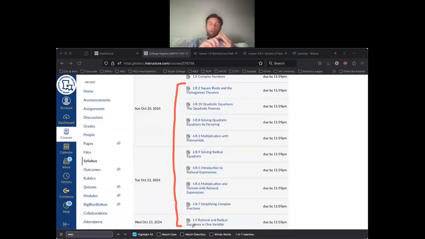Distributive property, combining like terms, order of operations, rules of exponents, that's the quotient rule, the product rule, the negative exponent rule, power rule. Your factoring, complex numbers, quadratic formula, it brings it all together. Rules of fractions, I can see that now too. So it really just brings it all together.